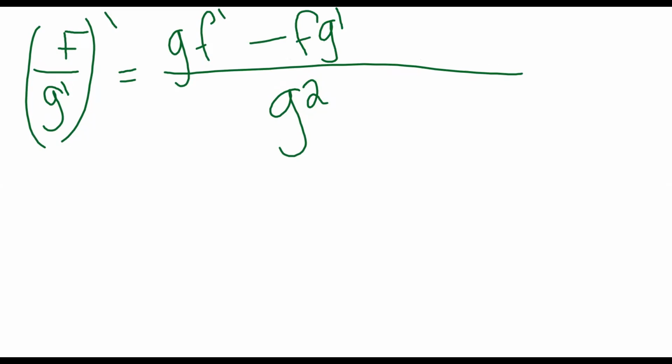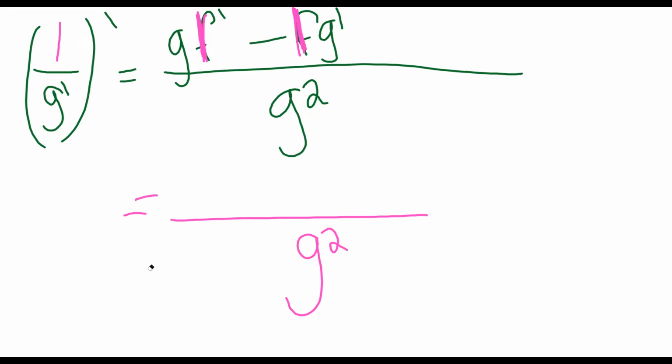If f is now 1, then instead of f you have 1, and here you have 1. So the new formula keeps g squared in the denominator. In the numerator, g times 1 prime.